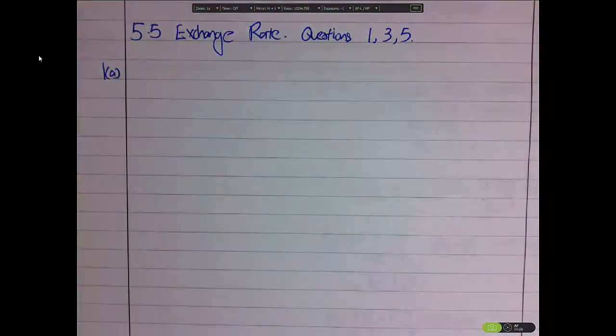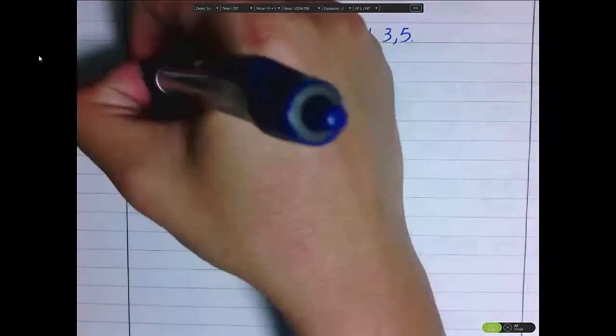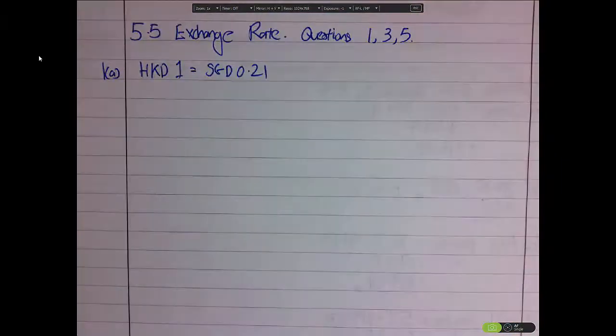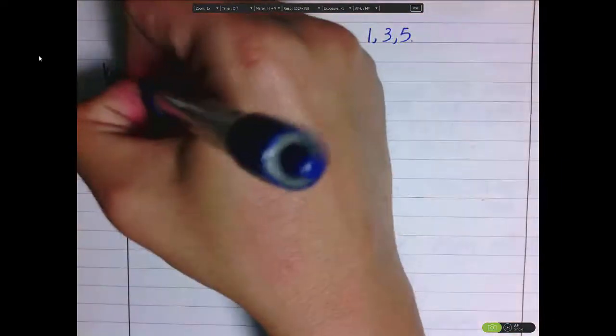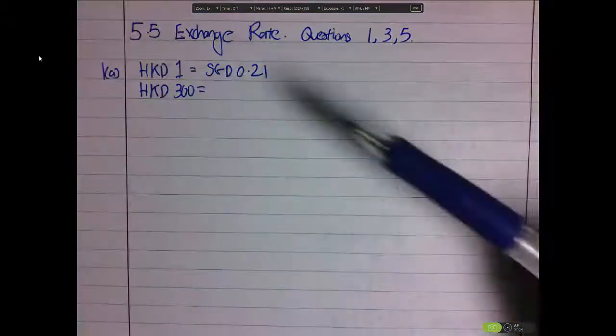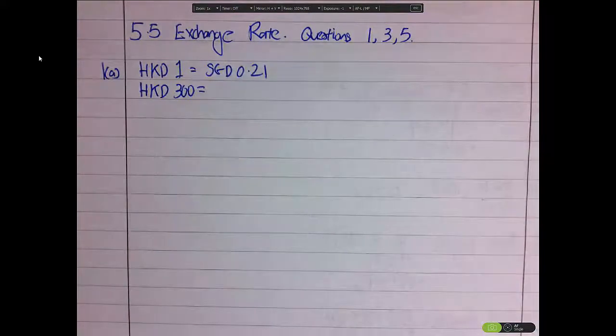The rate of exchange is 1 Hong Kong dollar to 21 Singapore cents, SGD 0.21. If I want the number of dollars for 300 Hong Kong dollars, notice that from 1 to 300 I multiply by, you guessed it, 300.